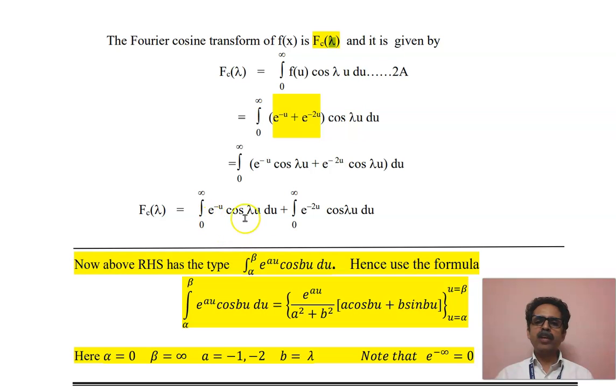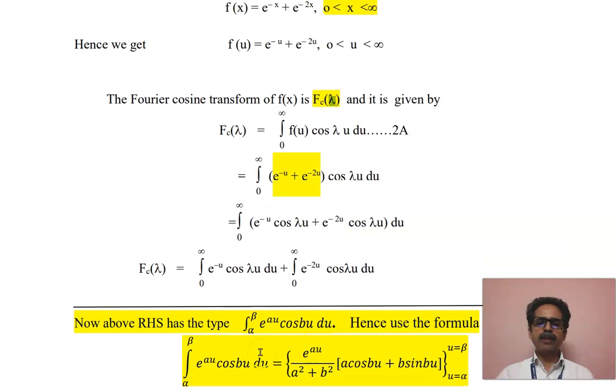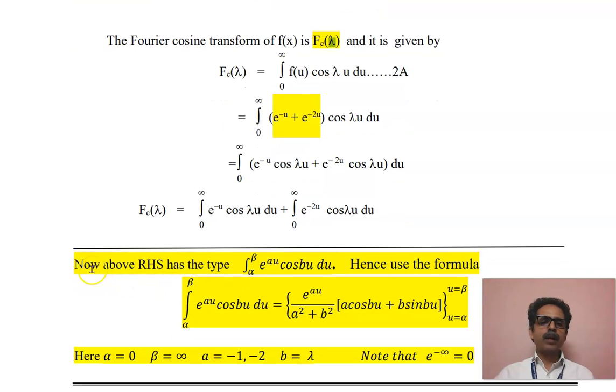Now we want to evaluate these two integrals on the right hand side. So we have to understand the type of these two integrals. The right hand side has the type integration from alpha to beta e raised to au cos bu du.